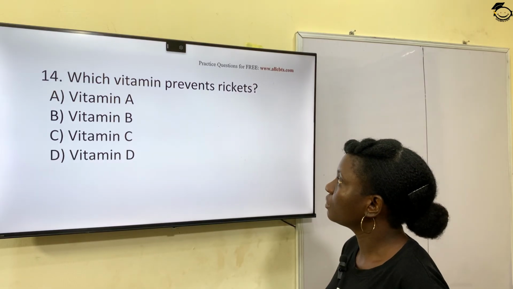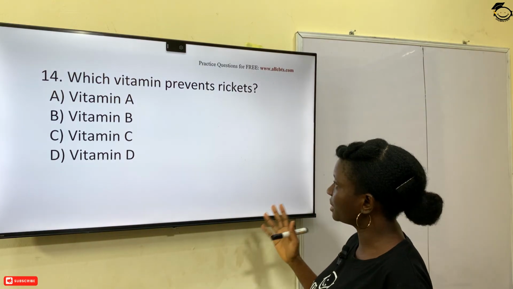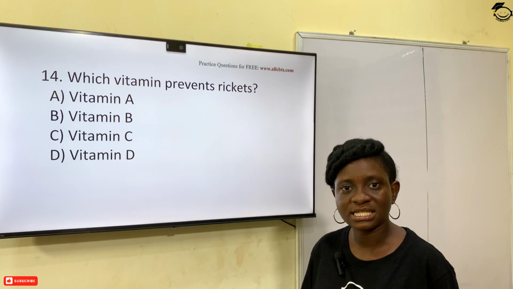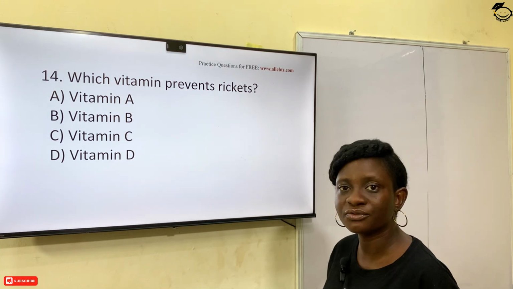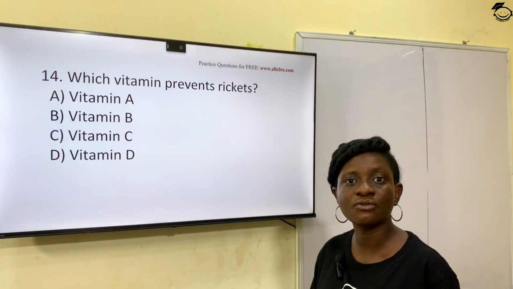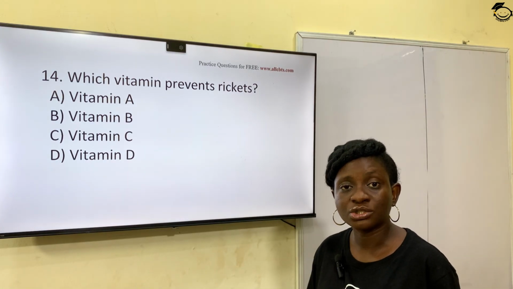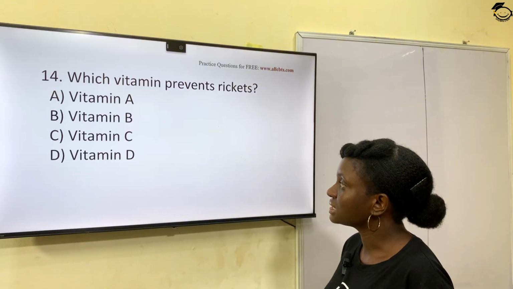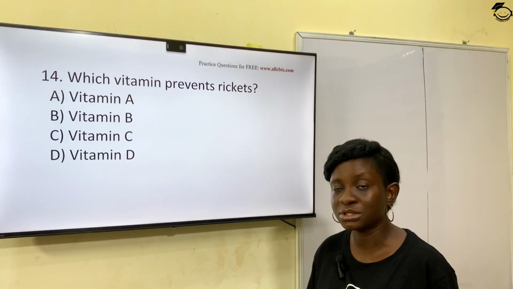So let's see which vitamin prevents rickets. Option A, vitamin A is necessary for vision, very important. Vitamin B is important for the production of red blood cells. Vitamin C helps to boost the immune system.